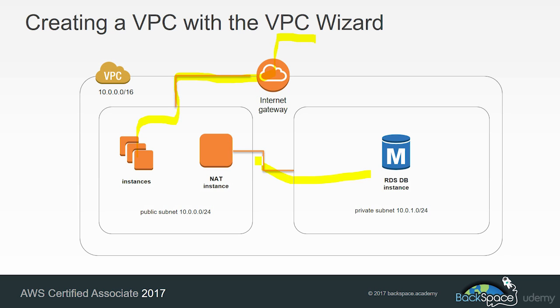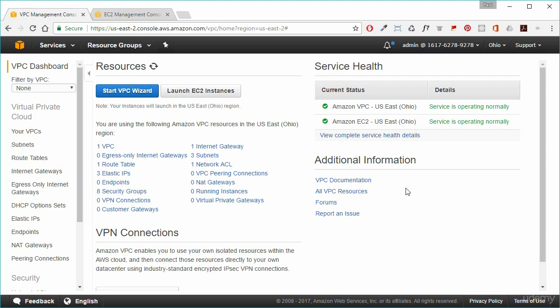So that will go through here into our NAT instance and out through to our internet gateway again. That is what we're going to create now, and we're going to use the IP address space of 10.0.0.0/16, and we'll use /24 for the public subnets as well.